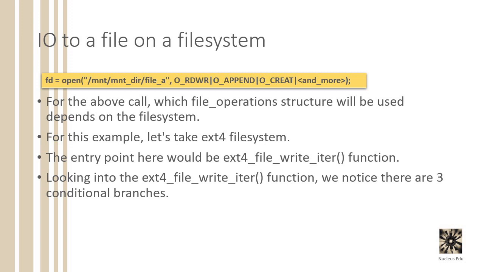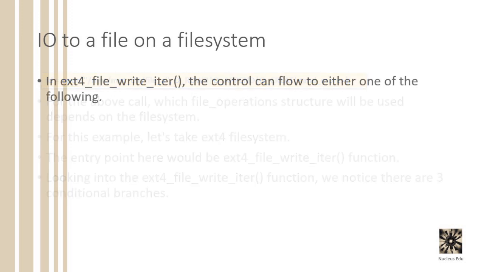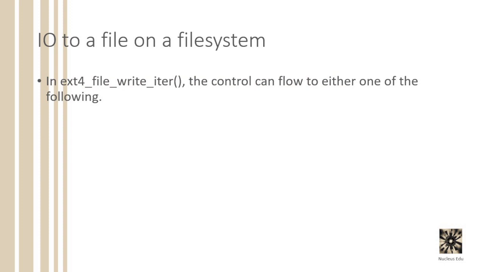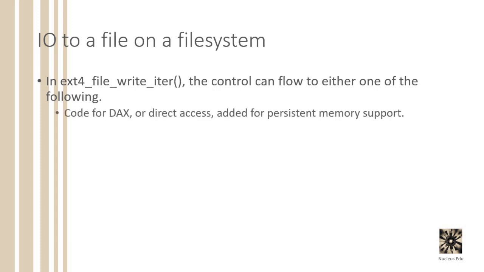We're going to look into all three branches here, and depending on a number of flags, your IO would go to one of these branches. Let's look into the three conditional branches first.